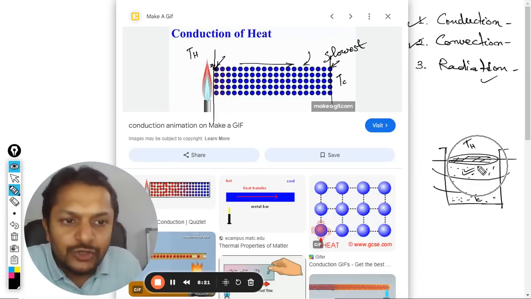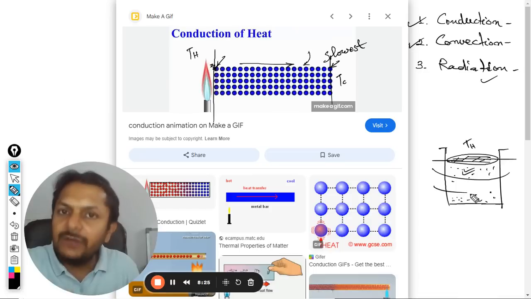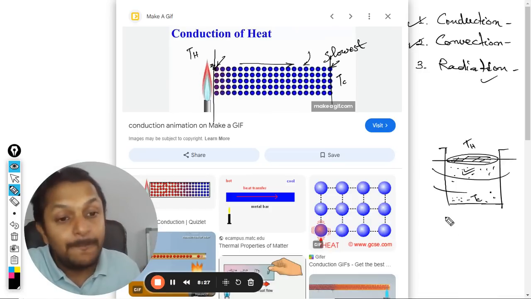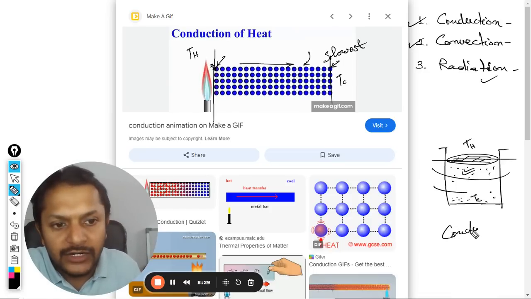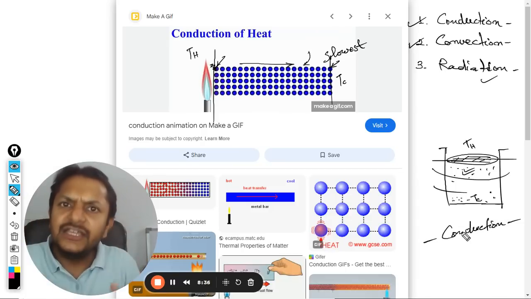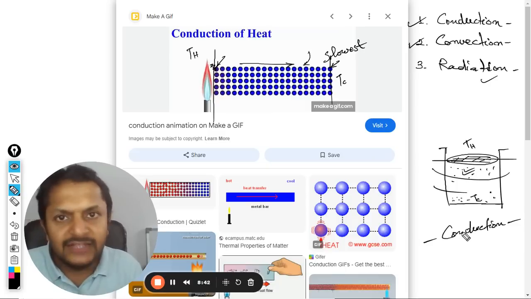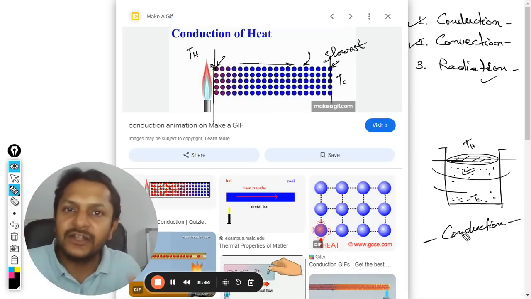And there is no space upward, so they are not going upward. And downward, heat will be transferred by the method of conduction. Now, this becomes the only method of conduction in which the heat can be transferred from the upper end to the lower end in liquids. Otherwise, liquids will always have convection.